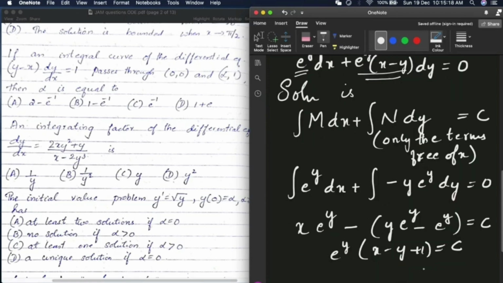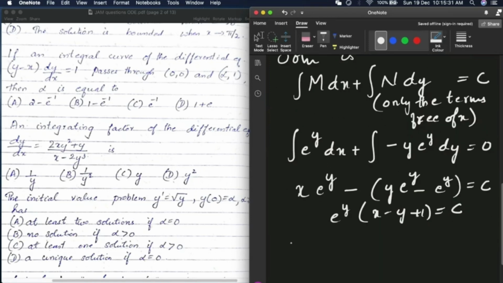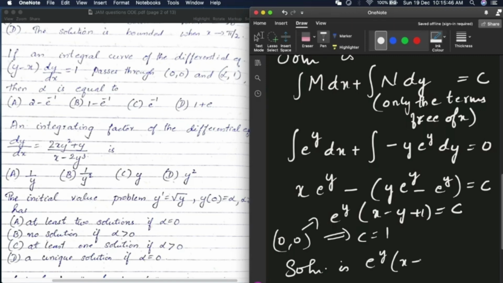You are given a condition here to find alpha. It is given that it passes through 0, 0 and alpha, 1. It passes through 0, 0, which means you can substitute x equal to 0 and y equal to 0. Substituting 0, 0 gives you c is equal to 1. So my solution is set.